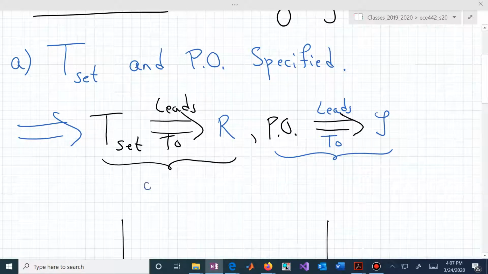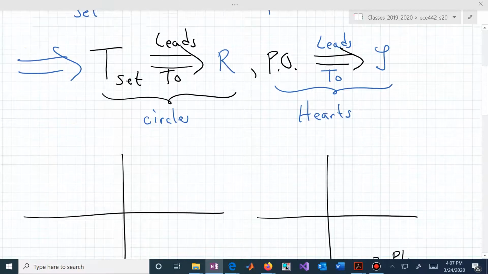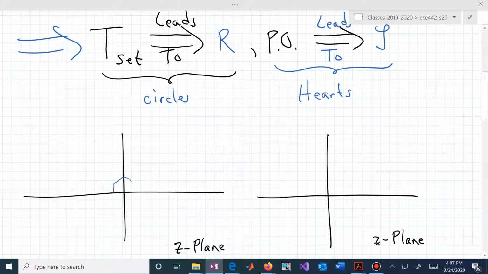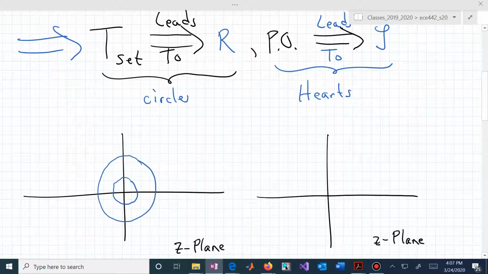Here we have circles for T-settling, and for the percent overshoot we have hearts. With the circles, the smaller circle corresponds to a system that has a faster settling time, or T-settle is smaller.